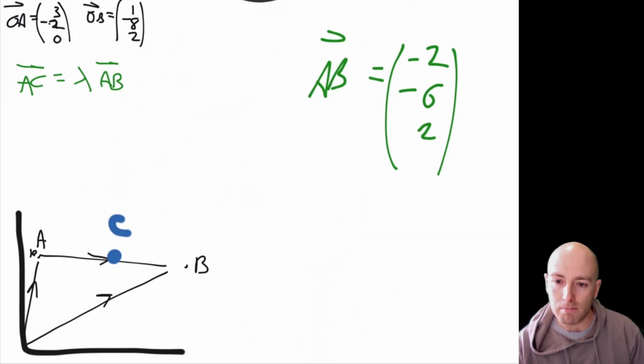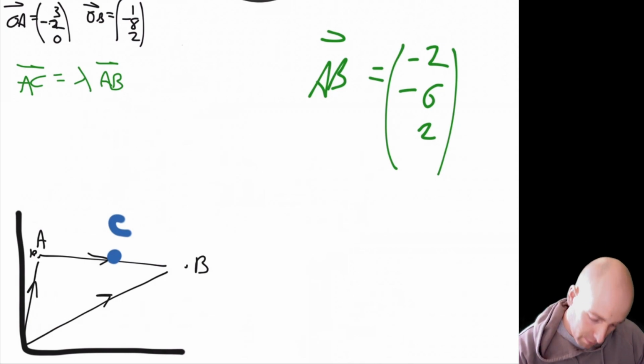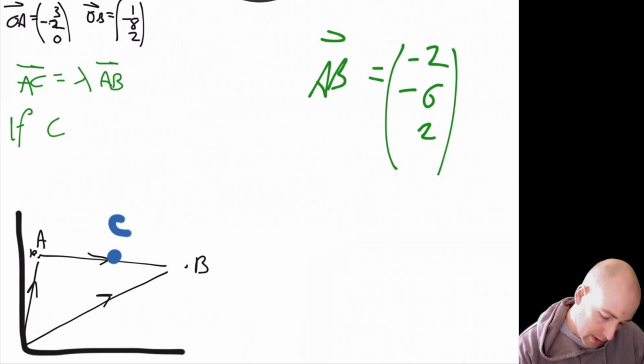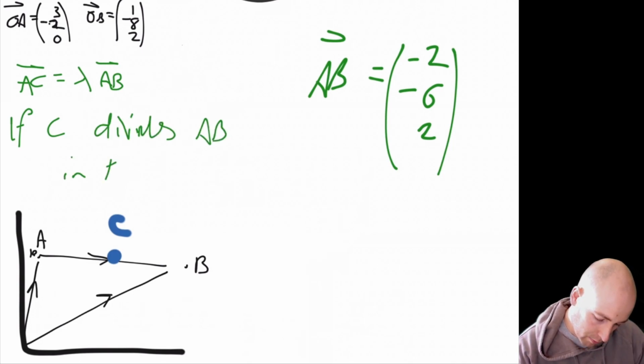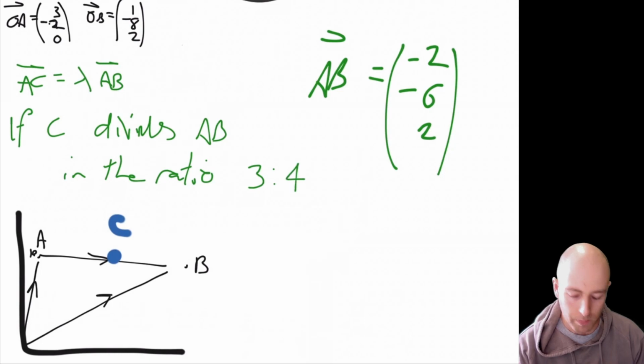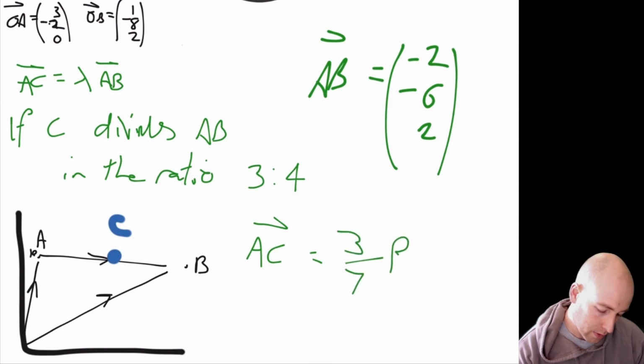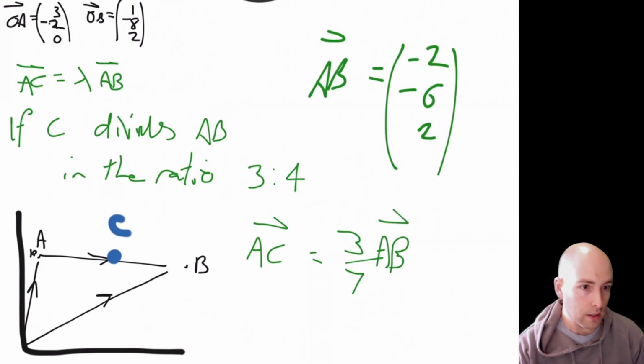We could try and find it. If C divides AB in the ratio 3:4, we could say that AC is going to be 3/7 of AB.